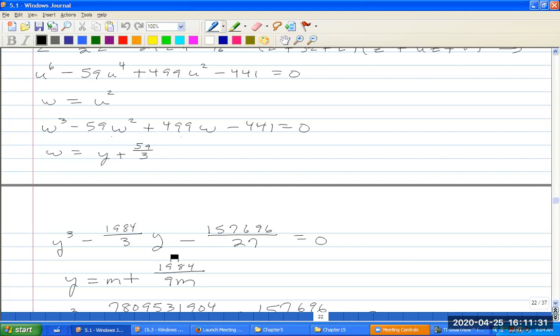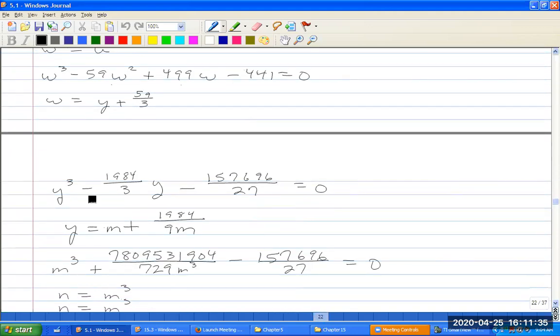To solve this, well, let y equal m plus this guy, 1,984 over 3 divided by 3m. So that'll be over 9m.